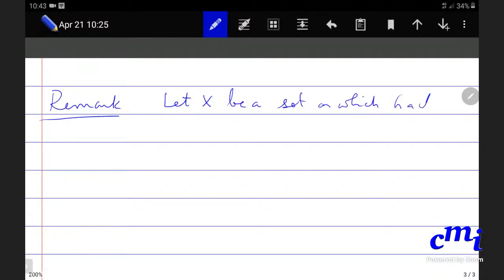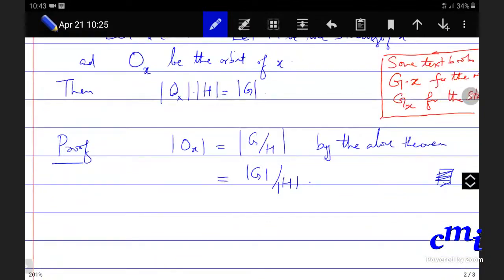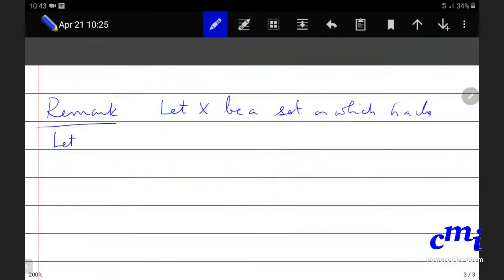Yeah, I'm just using that it's a finite group. If you rewrite it in some other fashion, this will be applicable to infinite groups also, but I don't think we will ever use it, so I don't want to fuss too much about that issue.